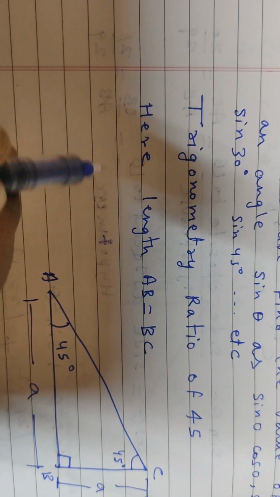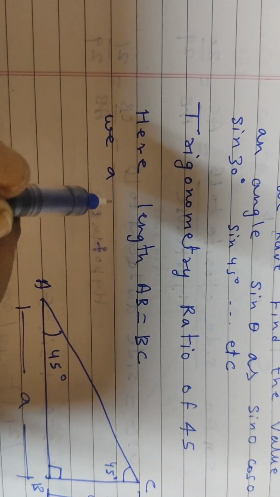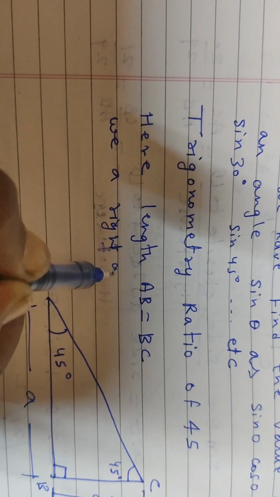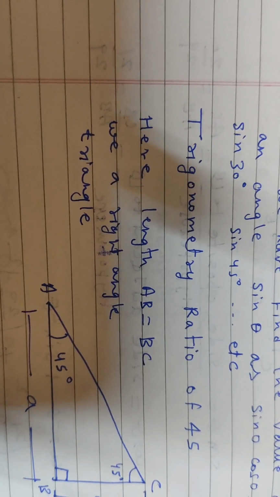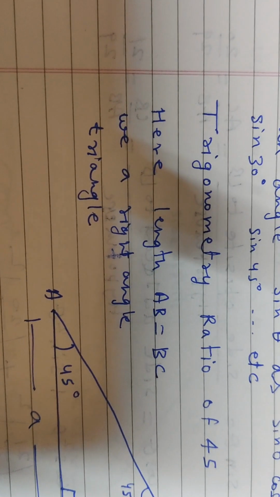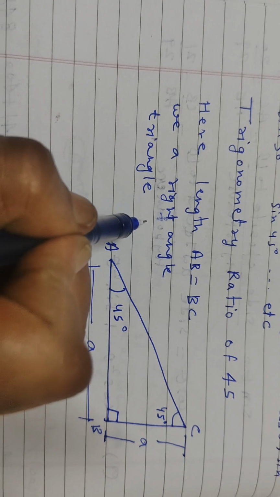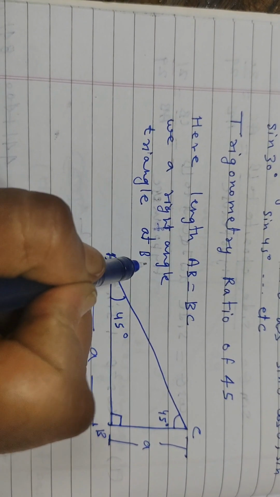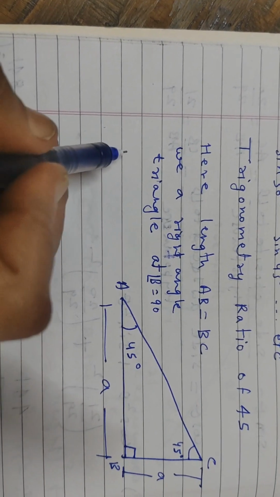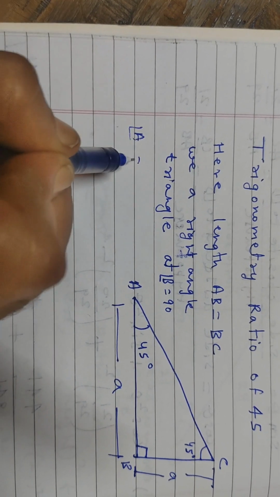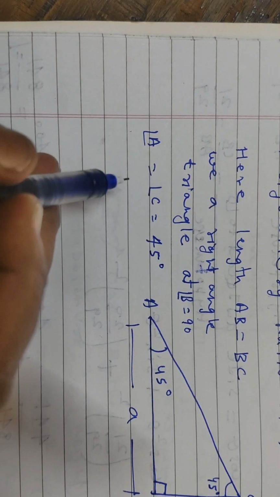So we now have a right angle triangle, right angled at B, angle B is 90, and angle A is equal to angle C, which is 45 degrees.